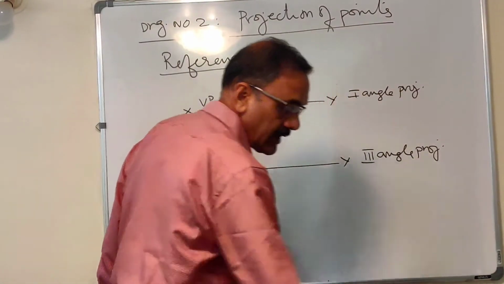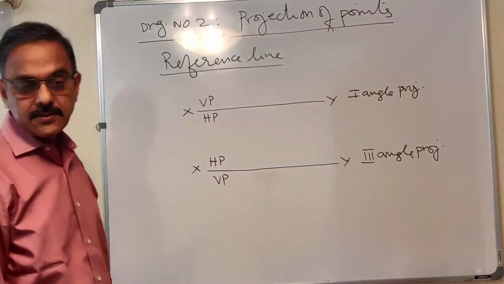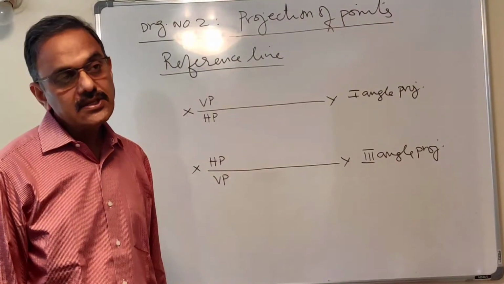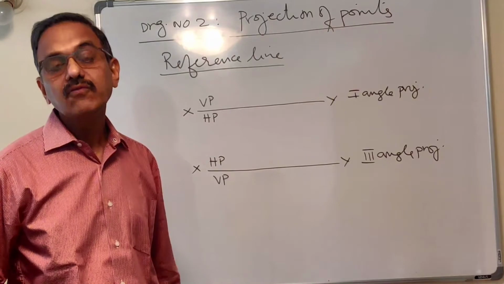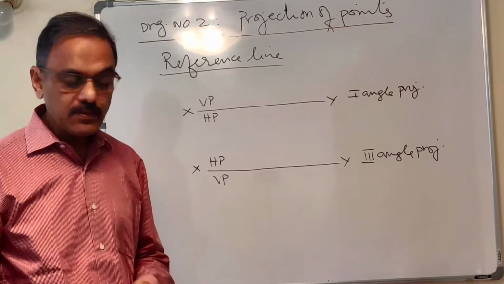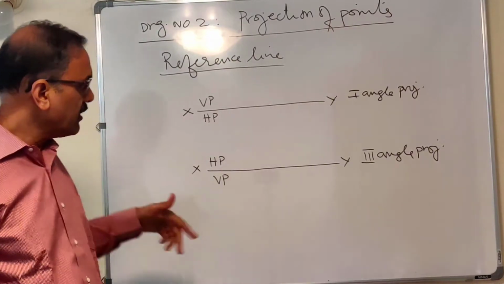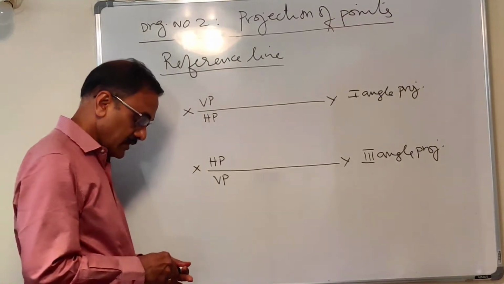But as long as we are in projection of points, we will be discussing the position of a point in all the four quadrants. What are they? Let me explain to you. Then I will move on to the problems.